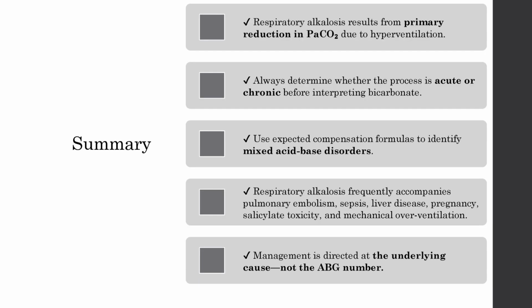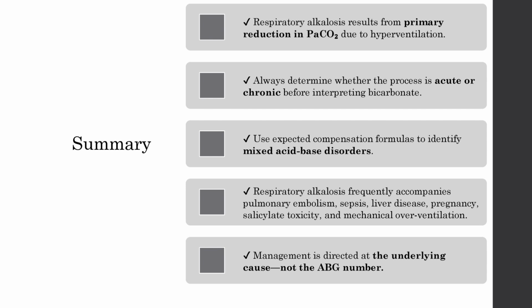Let's summarize. Respiratory alkalosis results from primary reduction in CO2 due to hyperventilation. Always determine whether the process is acute or chronic before interpreting bicarbonate. Use expected compensation formulas to identify mixed acid-base disorders.